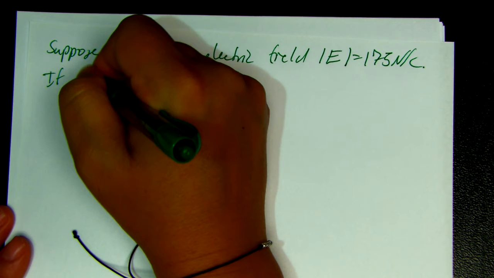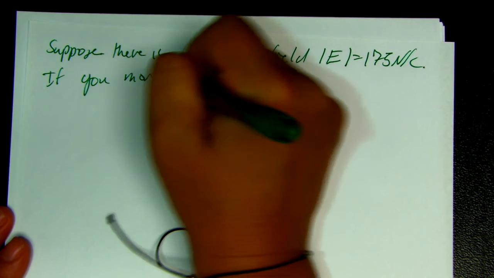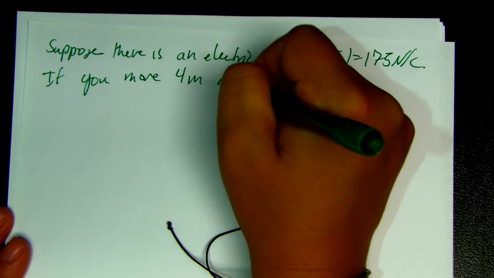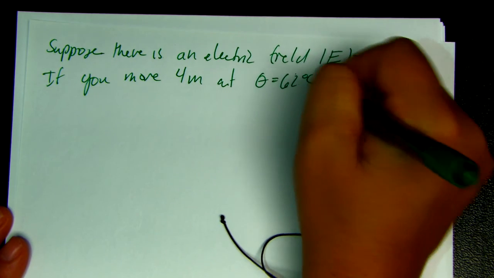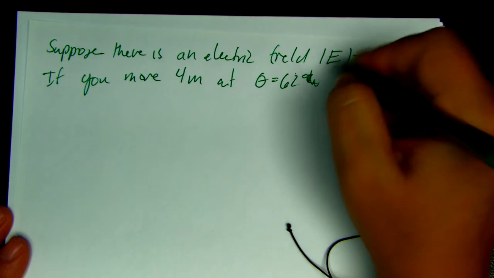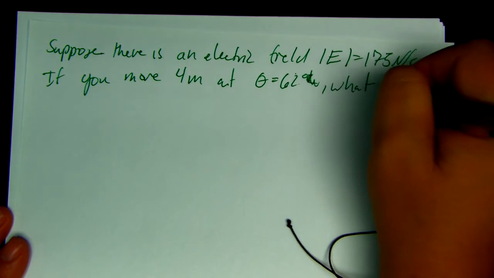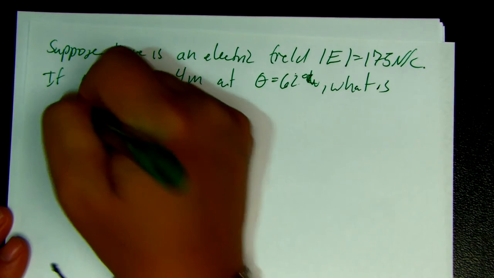If you move 4 meters at an angle of 62 degrees, what is delta V?